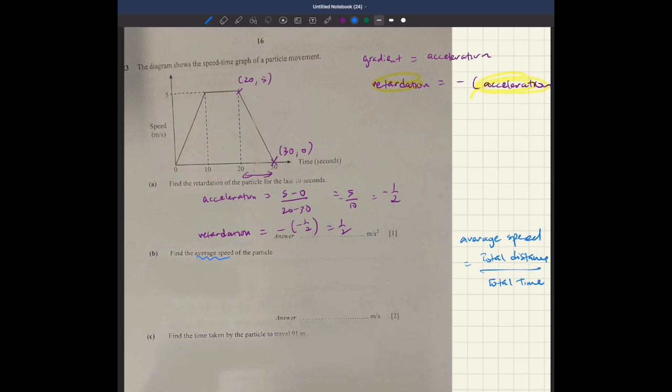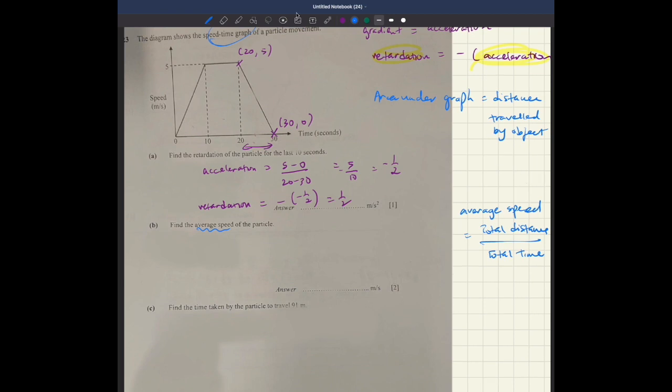Then again, back to this, we have a speed time graph. The area under the graph is equal to the distance traveled by the object. So that means, over here, if we want to find the total distance, we would have to find the area under this whole section.